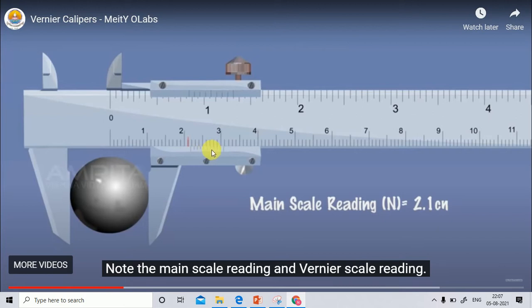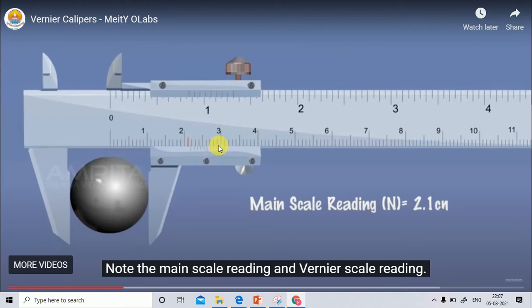In this particular setting, the Vernier coincidence is this line. So count the number of this line: 0, 1, 2, 3, 4, 5, 6, 7, 8, 9, the 8th line. So here the Vernier coincidence is the 8th line.